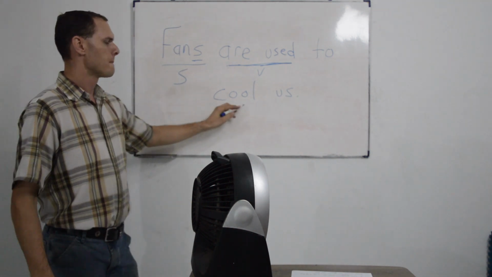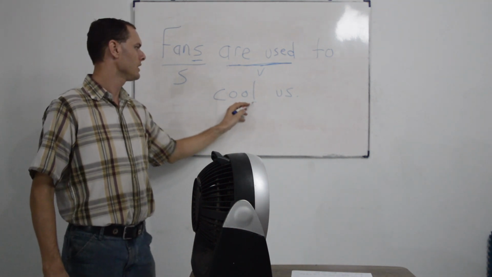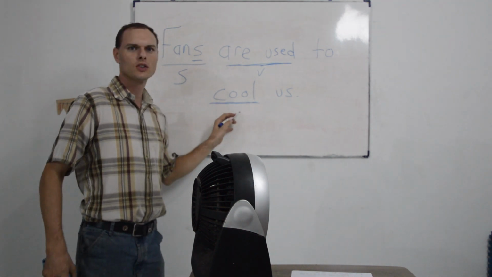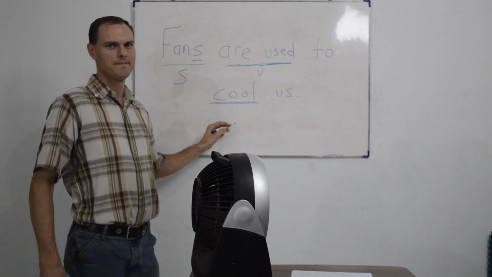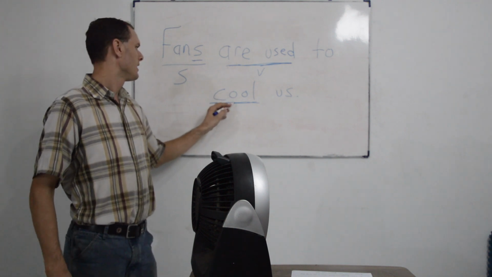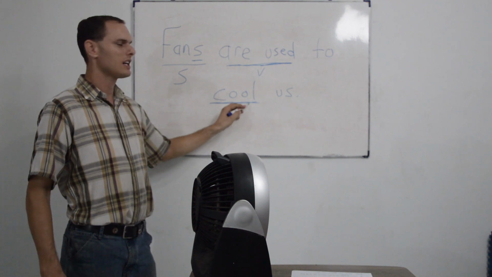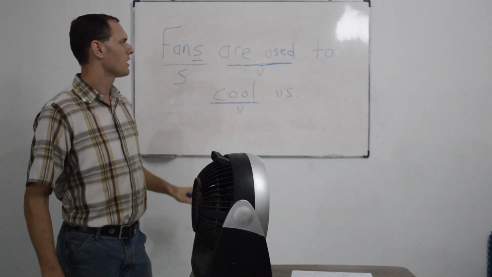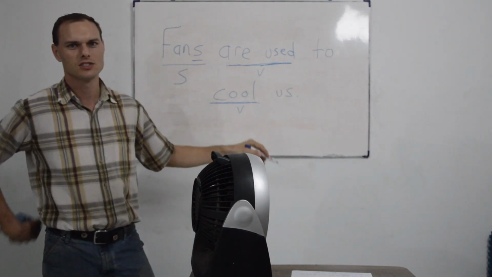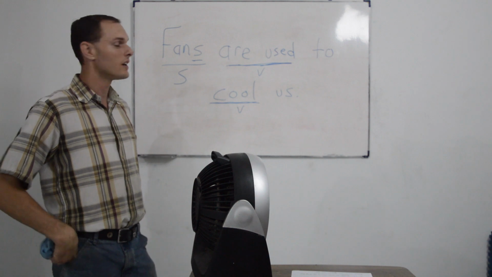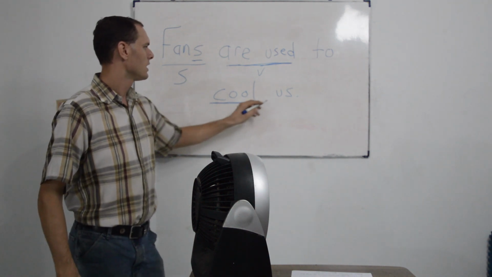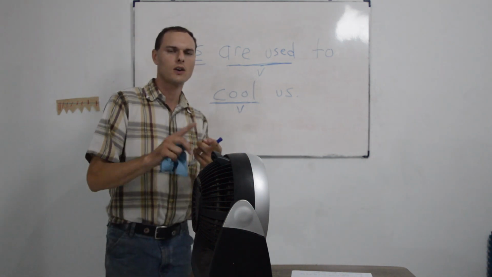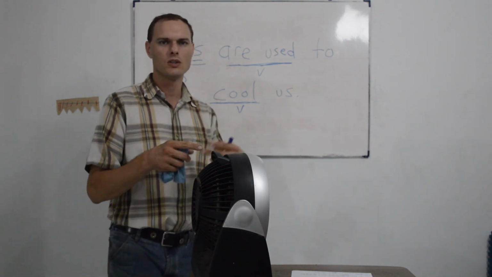Okay, now guess what kind of word this is. Now, usually cool is an adjective. Kata sifat. But here, this is not a kata sifat or adjective. This is a verb again, because used to cool us. This interesting sentence structure here, used to cool us, because cool can be an adjective, and a lot of adjectives can also be a verb or be used as a verb.